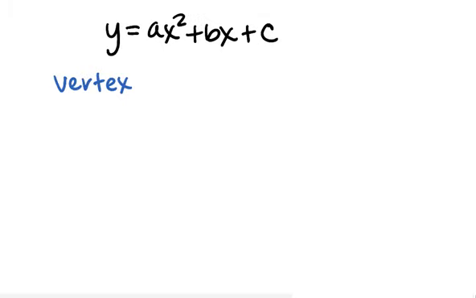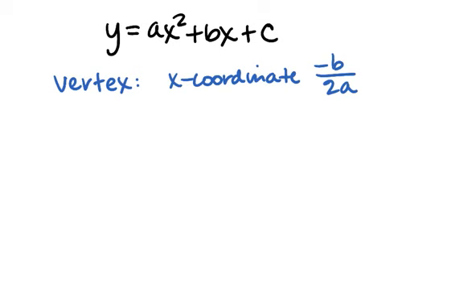All right, I'm just going to tell you how to find the vertex. The vertex, you get the x-coordinate by just calculating negative b over 2a. And the reason why negative b over 2a gives you the coordinate of the vertex is basically due to calculus.